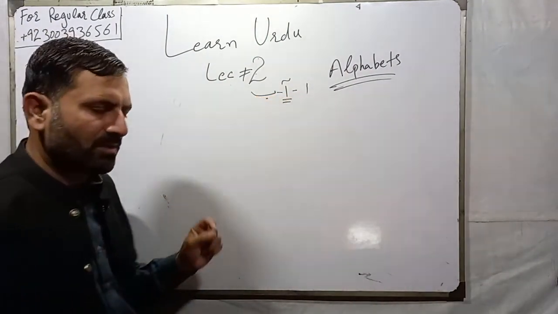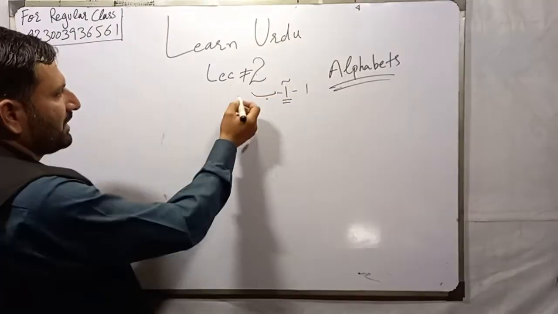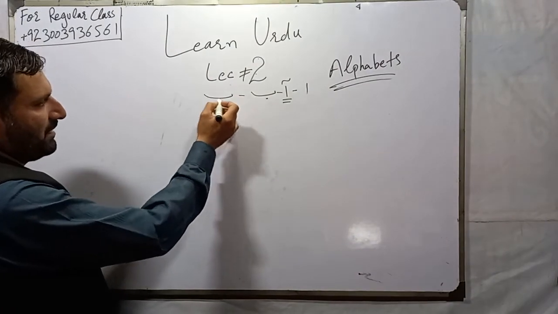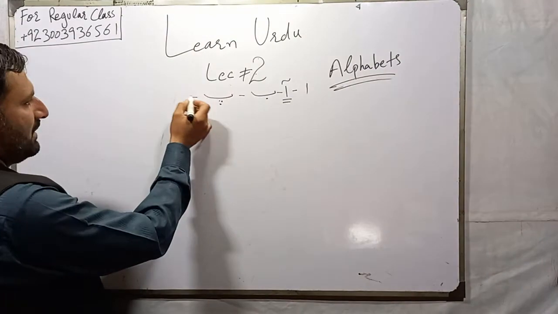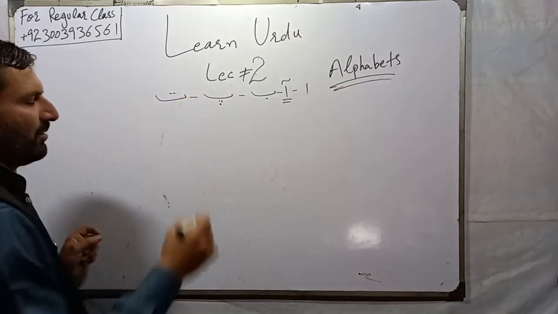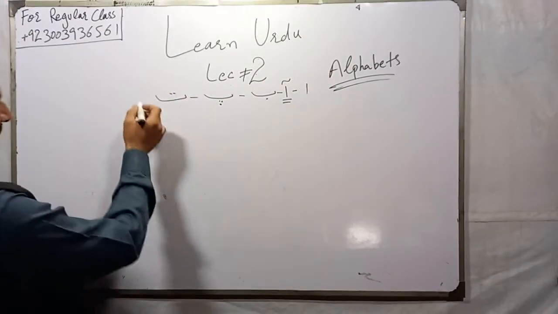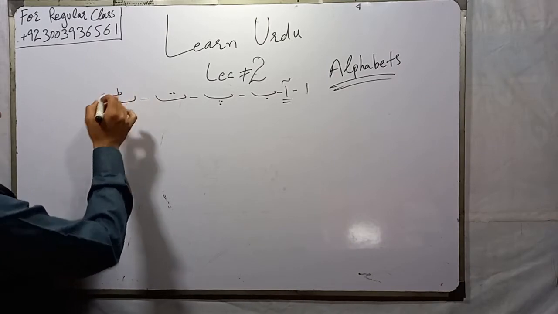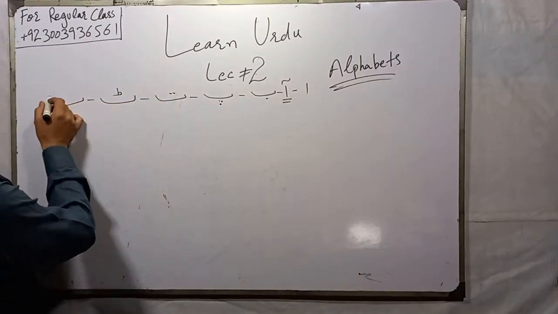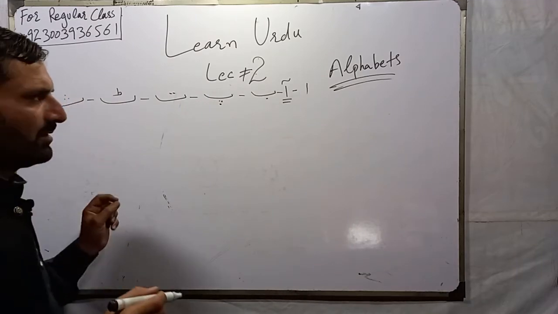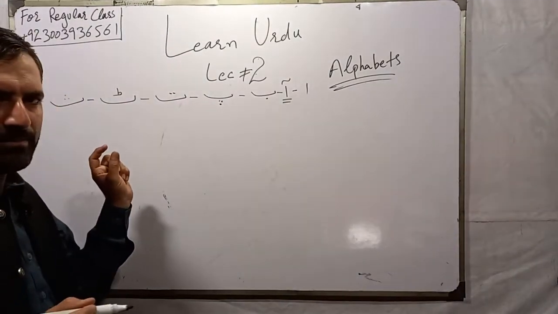B sounds as ba, pe sounds as pa, te sounds as ta, te sounds as ta, or se sounds as sa.